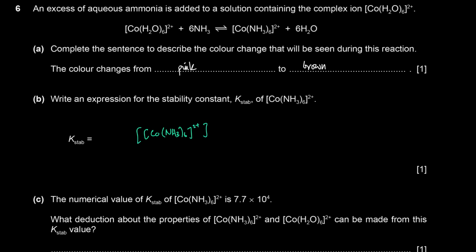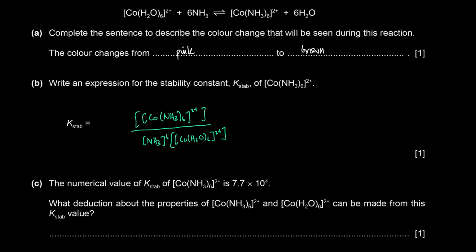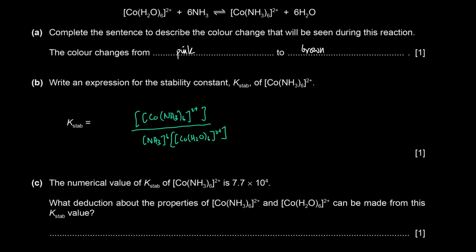That's the product divided by the concentration of the reactants, which are NH3 to the power of 6, and you have Co(H2O)6 2+. The numerical value of K stability for the hexamine complex is 7.7 times 10 to the power of 4.